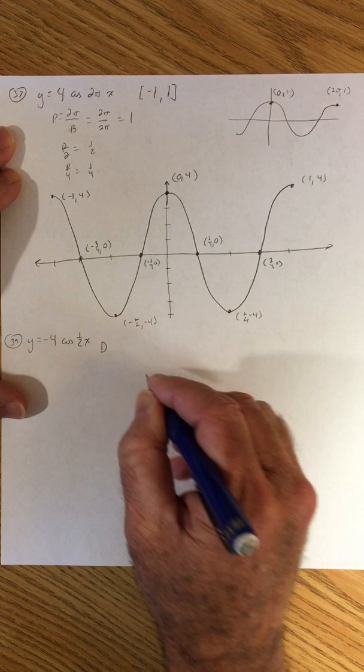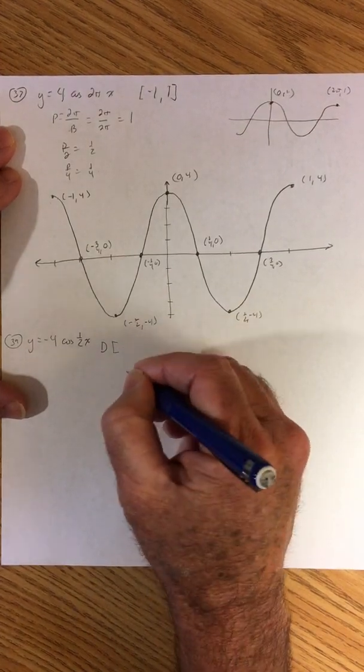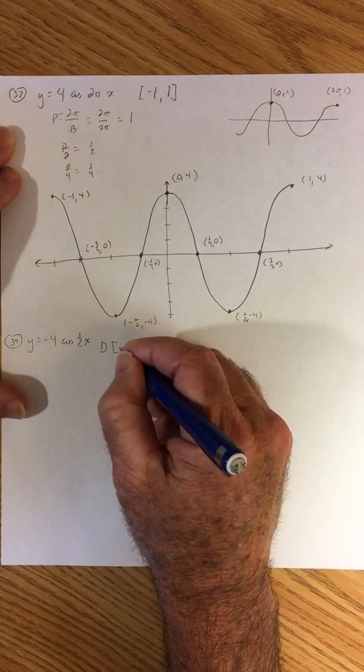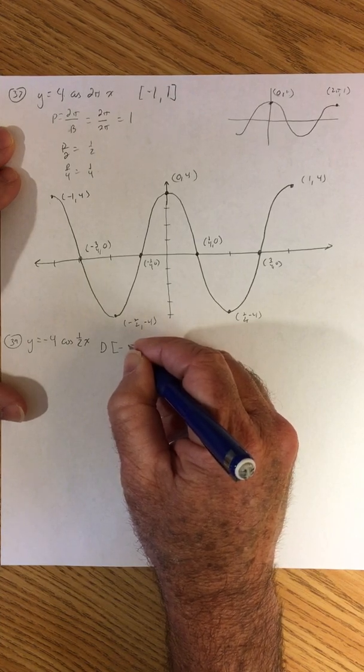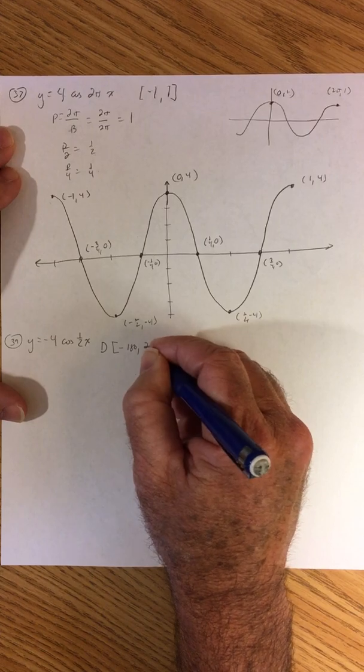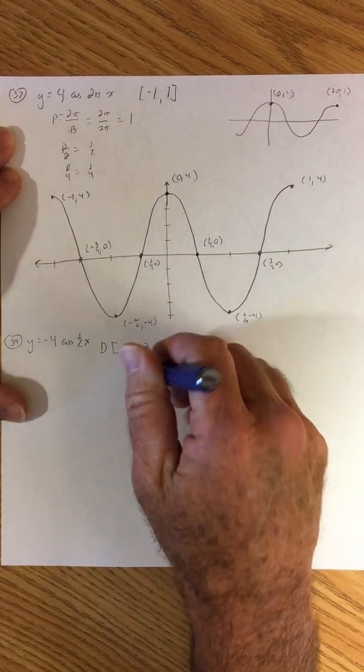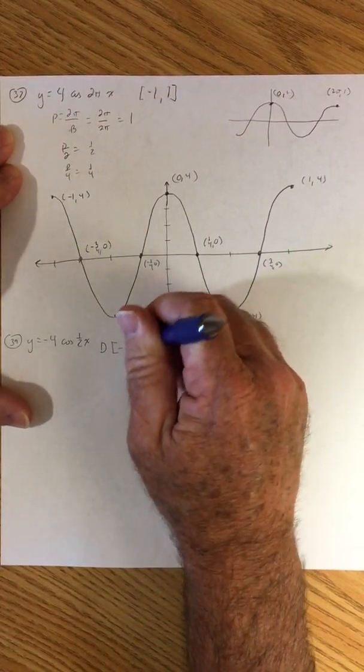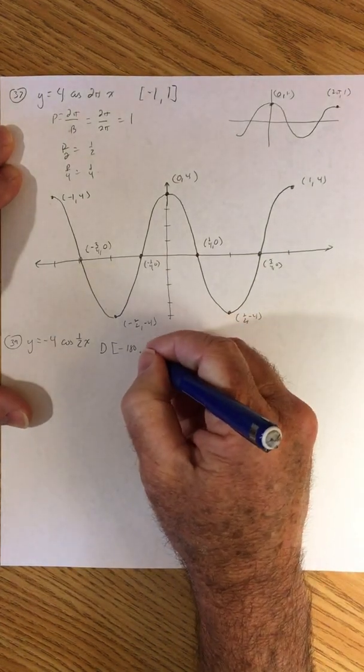Should have written that just a little bit lower. And we will go from negative 180 to positive 720.